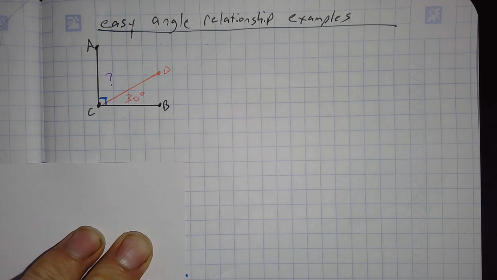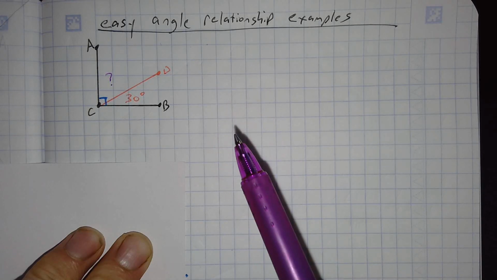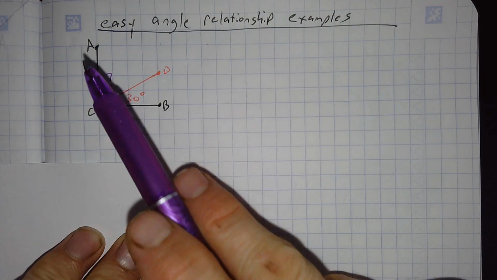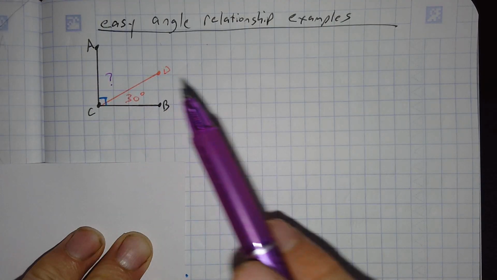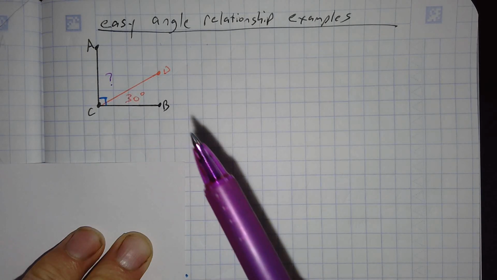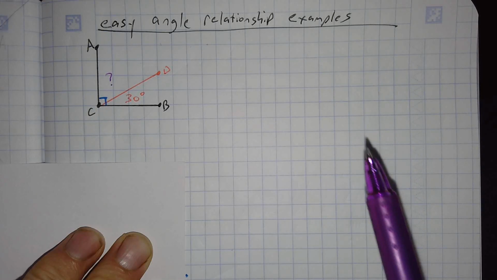Okay, so when we're doing problems, it's good to get into the habit of doing them step by step, line by line, saying what you know in terms of the angle names, and then plugging in values later. Then put the reason why you can make each statement.